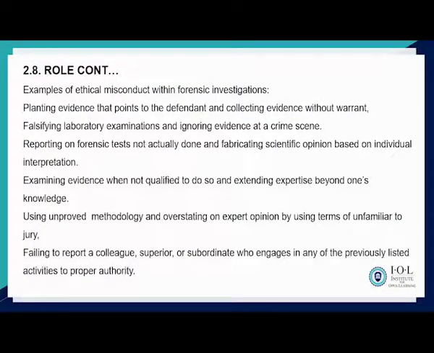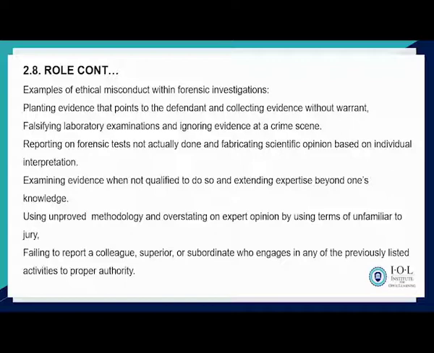Examples of ethical misconduct within forensic investigation include planting evidence that points to the defendant, collecting evidence without a warrant, falsifying laboratory examinations, ignoring evidence at a crime scene, reporting on forensic tests not actually done, and fabricating scientific opinion based on individual interpretation.